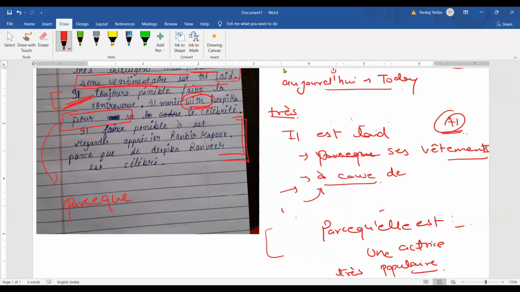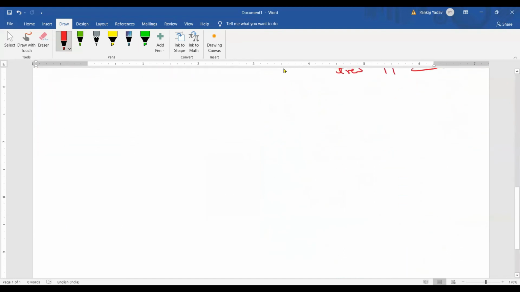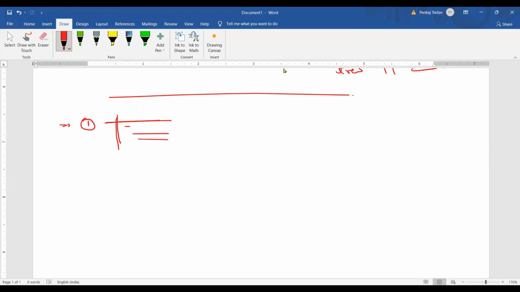So a few things you need to remember when you write in the beginner, when you are in basic level. When you are in basic level, you need to take care of things like, first of all, respect the lines. All right, respect the page. All right, follow this pattern. First thing. Second thing, write easy language.